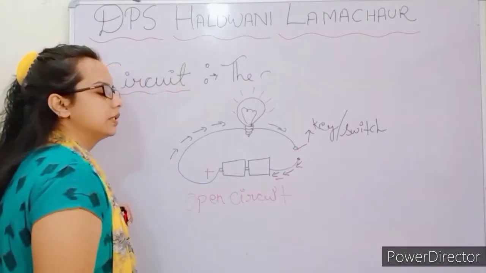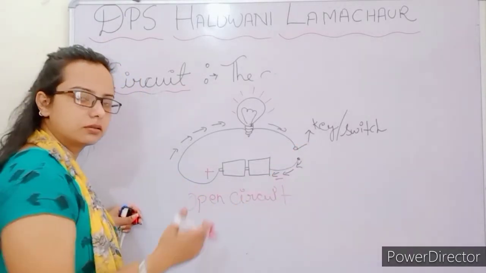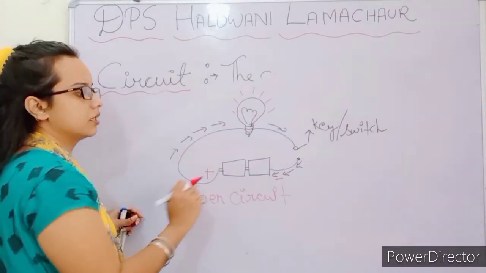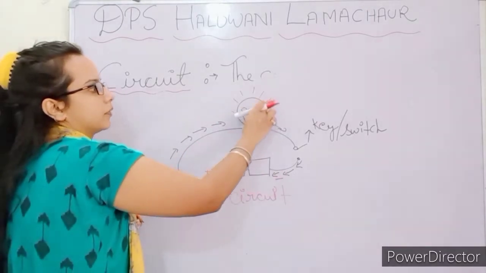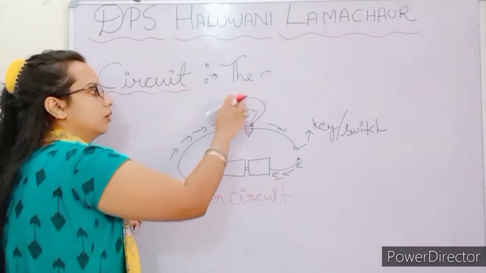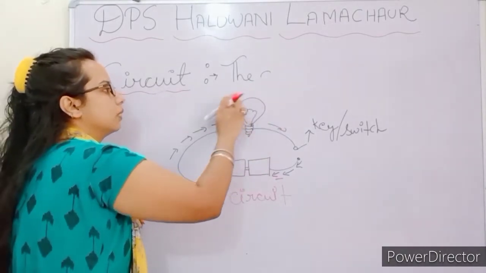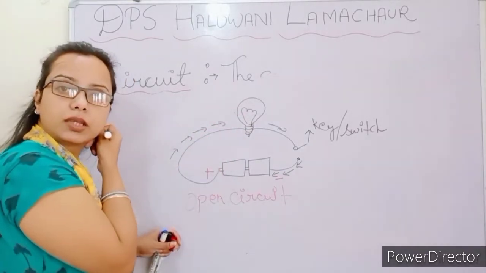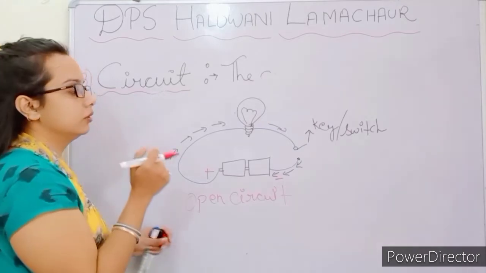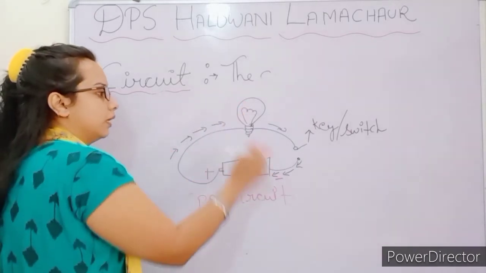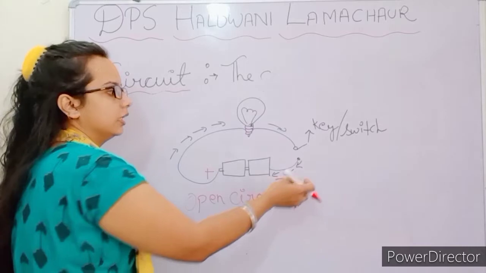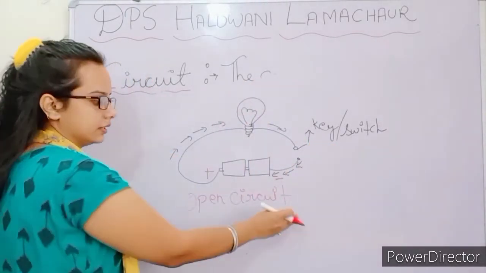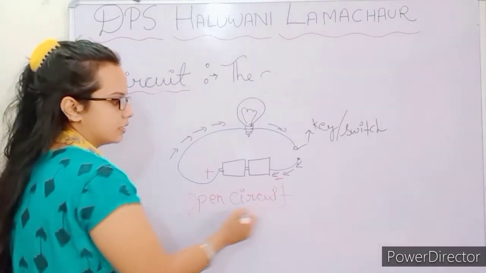From here the switch is not closed, it is open, so the current will not flow completely in this circuit, so this bulb will not glow. When you switch off, the bulb also does not glow, it gets turned off. Why? Because when we switch off, our circuit becomes open. And this is known as an open circuit.